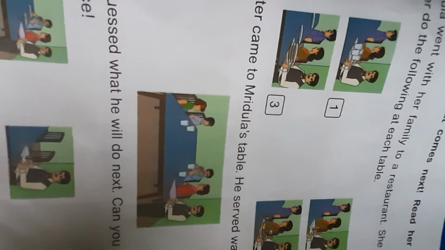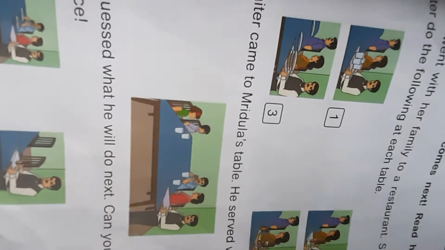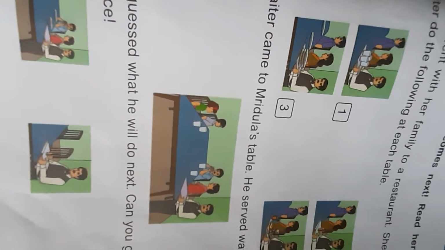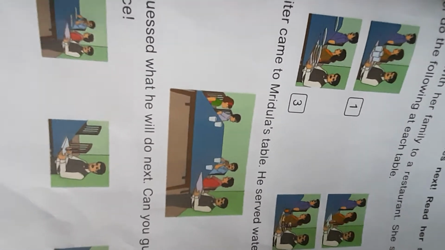If we go to a restaurant, first we enter and see a table and sit. After that the waiter comes and gives some water first, and after that he will come and take the order, no, children.